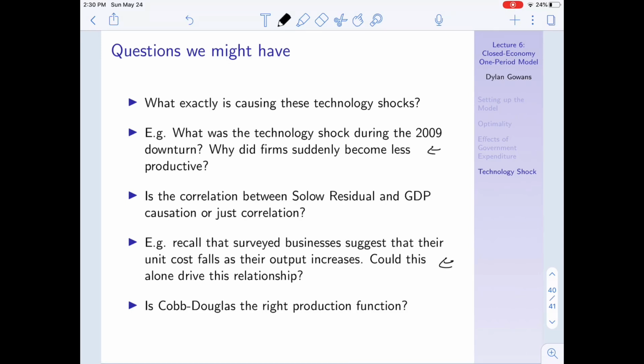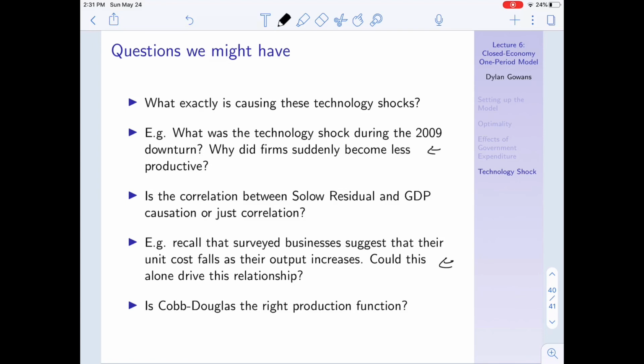My unit cost falls. One outcome of that could be that it's picked up as an increase in the Solow residual. That appears to be an increase in technology, because as I'm producing more, I become more productive. So when GDP goes up, I become more productive. In that case, the causation goes the other way, doesn't it? Increases in GDP cause increases in technology or productivity, not vice versa.